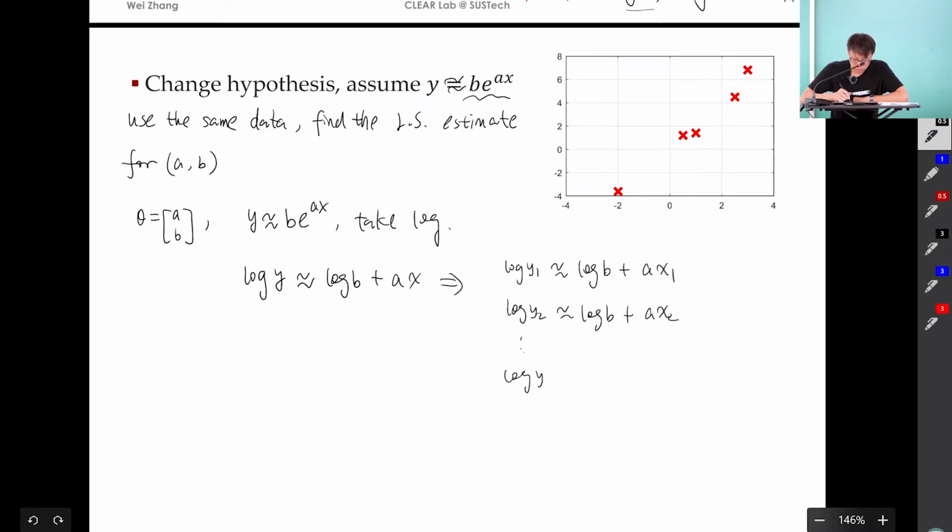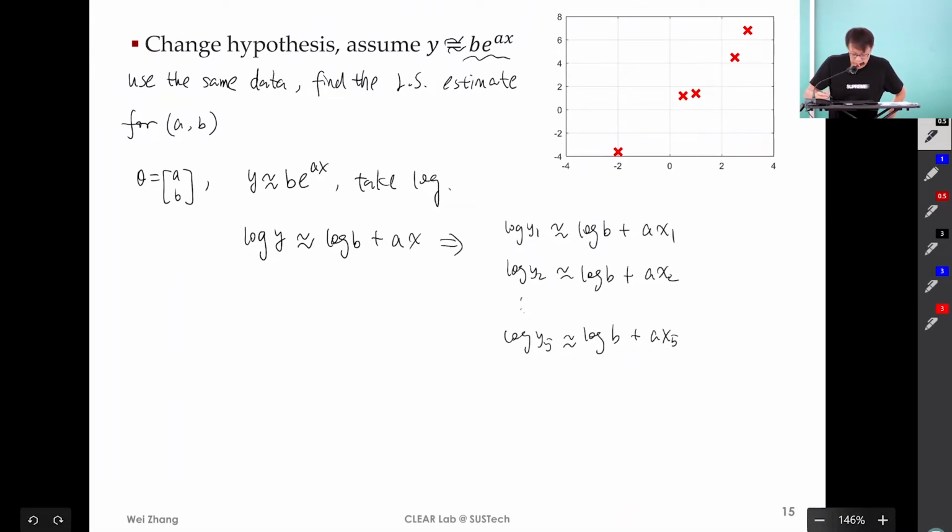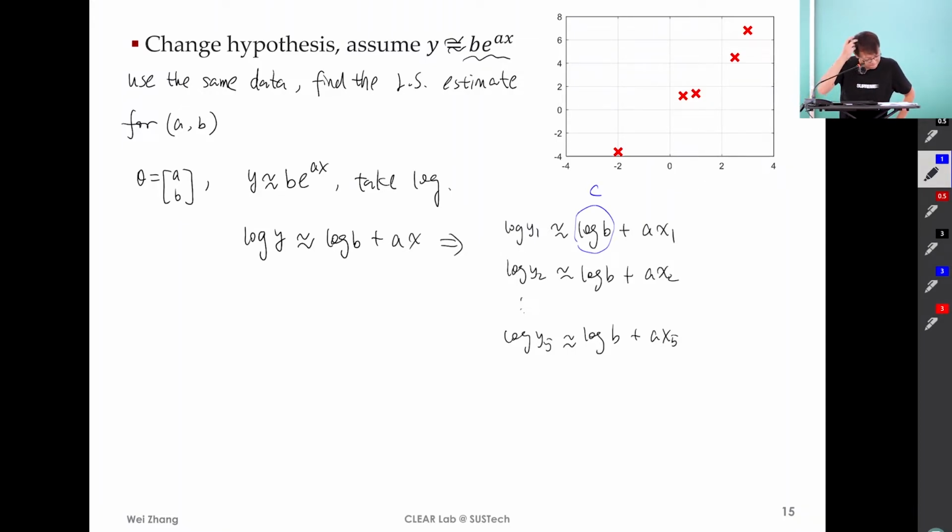You have up to log y5, we have 5 data here, log b plus ax5. Let's define c equal to log b. Okay, c is unknown, b is unknown, so log b is c, so they are one to one almost.